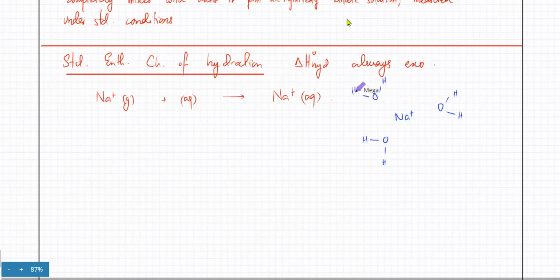They're capable of forming hydrogen bonds. On this side, the oxygen has lone pairs and it's partial negative. So the Na plus 1 would be attracting all these water molecules from all sides when it dissolves. So only bond formation happens, which is why it's always exothermic.